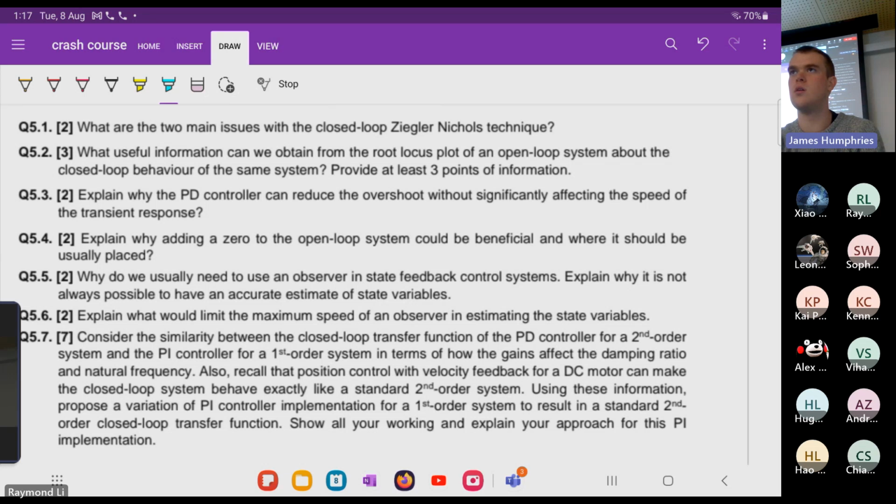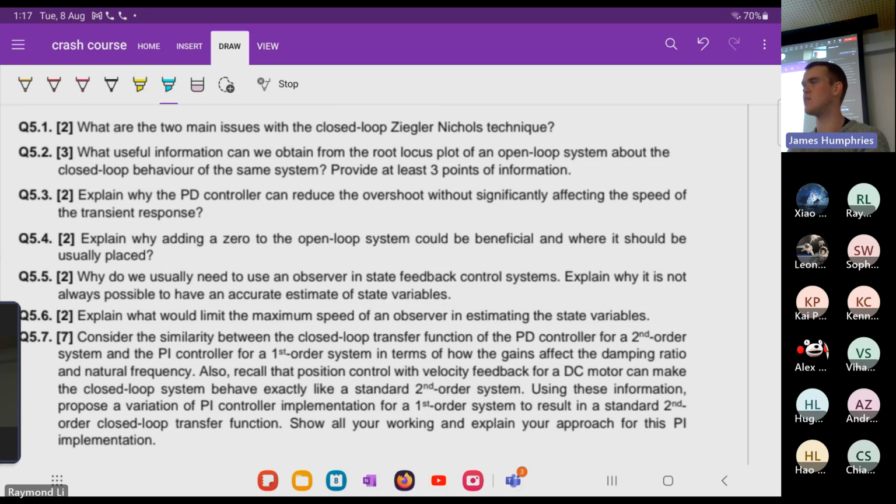Adding a 0 doesn't have speed. It does, that's true. In that case, why did you add the 0? Yes, you're not wrong, but why does that reduce overshoot? It goes back to where it is.